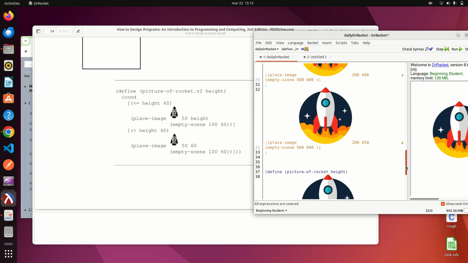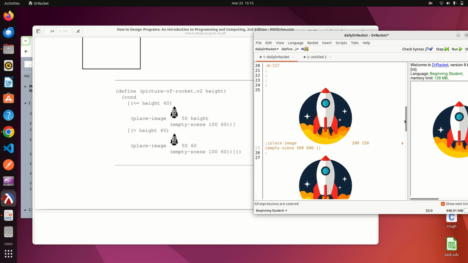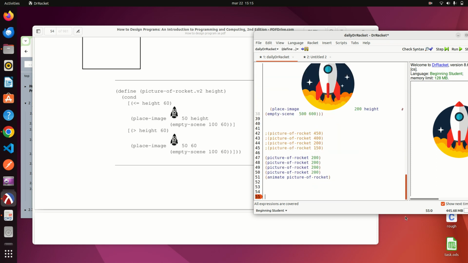Oh man, this is going to be, let's try. Define picture of rocket. HEIGHT. cond.